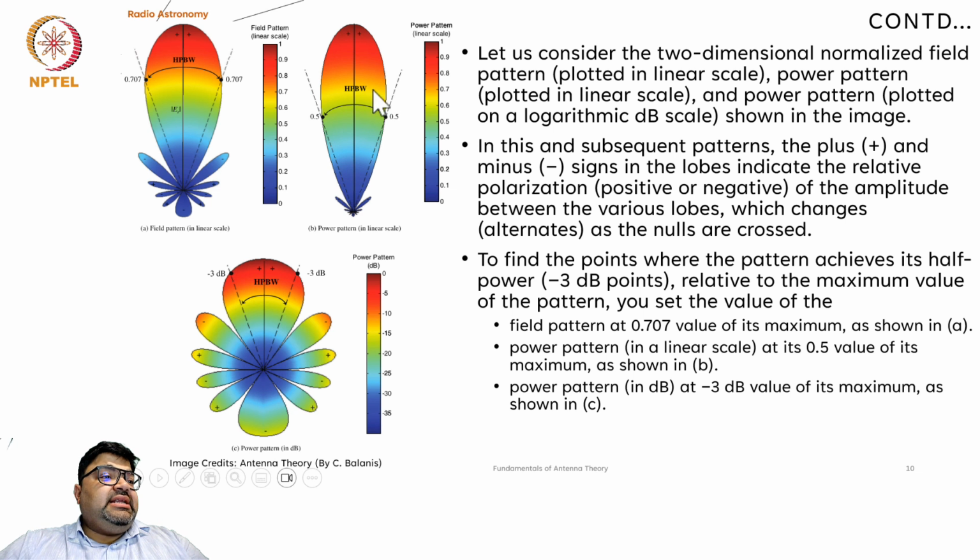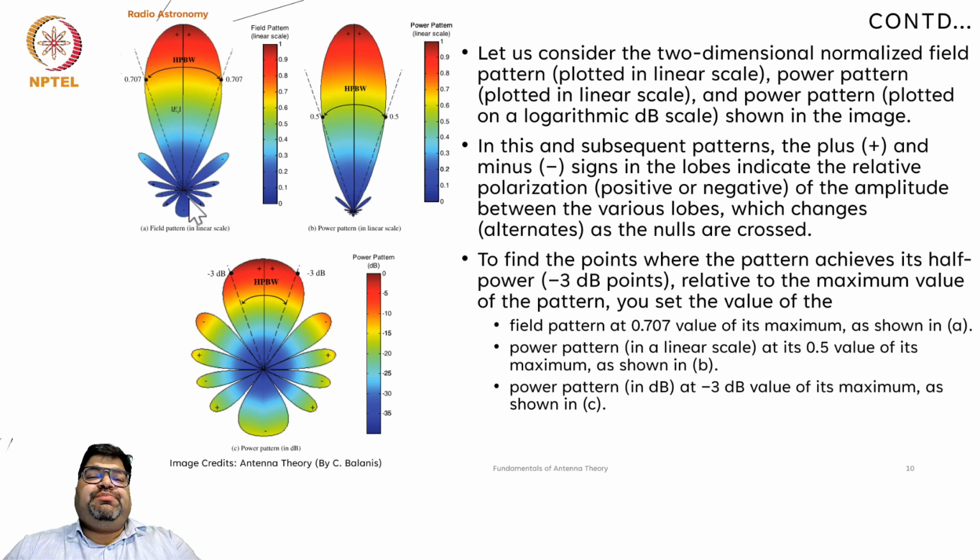So here are the three different plots. The first one is the electric or magnetic field pattern. You can see the main lobe is in the center, the most prominent one, and the smaller ones are called side lobes, and exactly the opposite one to the main lobe is called the back lobe. Okay, and this arises because in reality there's nothing called free space.